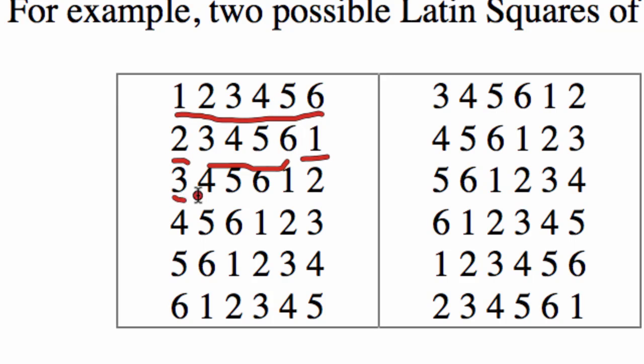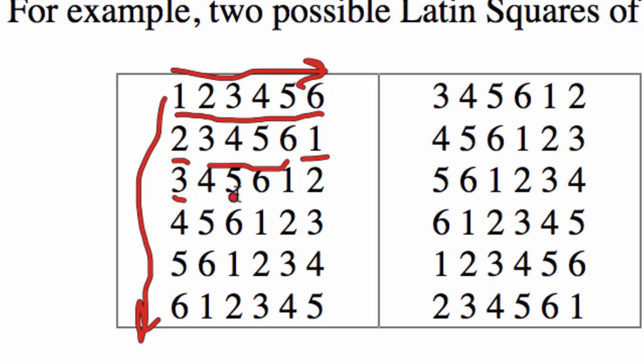And then the next row starts at 3. So we see this progression 1, 2, 3, 4, 5, 6 down the side. 1, 2, 3, 4, 5, 6 going left to right in each row. And then each of these rows starts at some number but doesn't get bigger than 6. So 5, 6, then you go back starting at 1, 2, 3, 4.